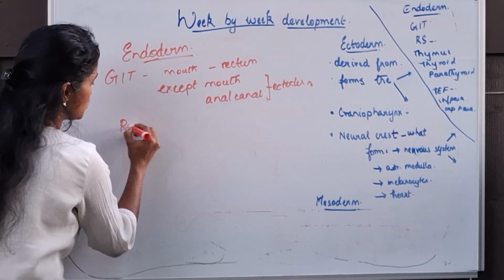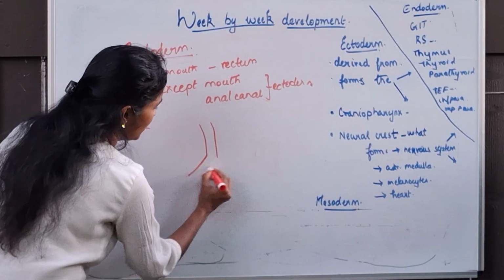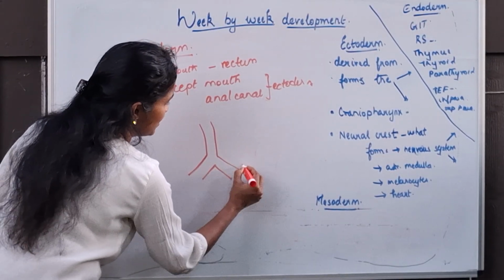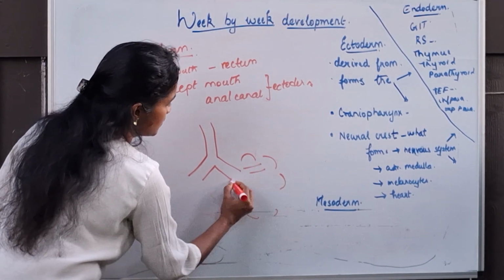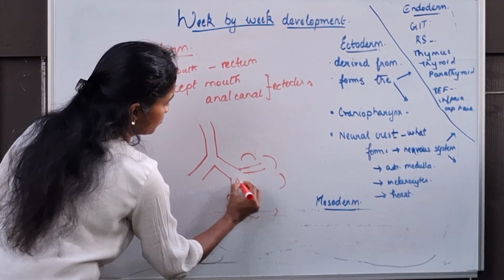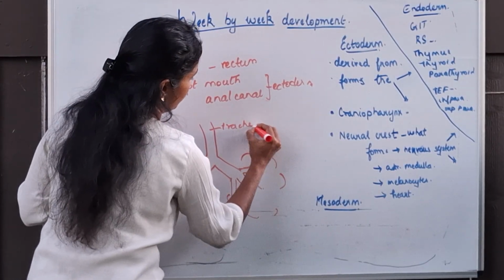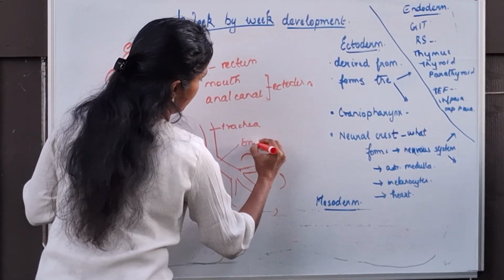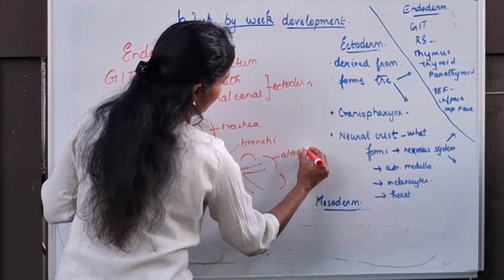And in the respiratory system, we should know that the trachea, bronchi as well as the alveoli are all from the endoderm. So trachea, bronchi and alveoli are from the endoderm.